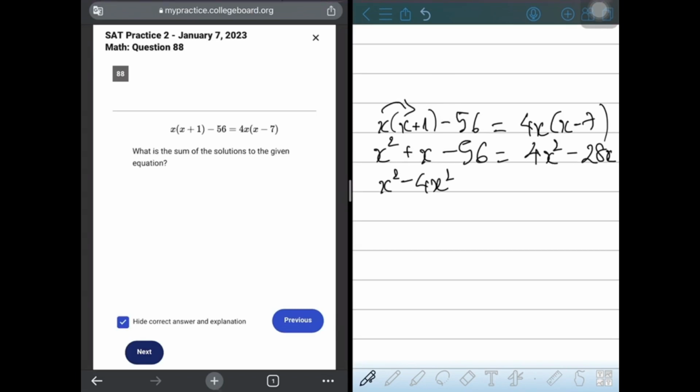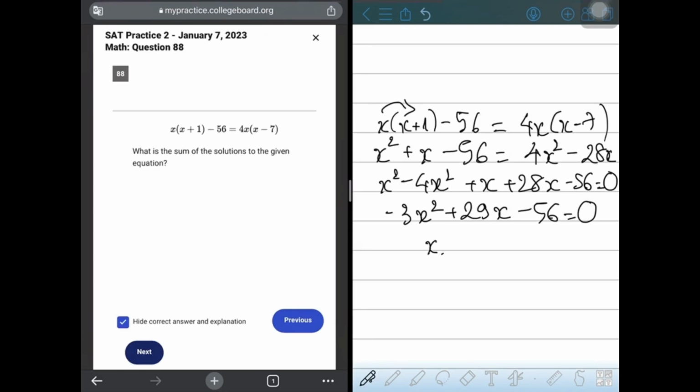Plus x. Now take out your calculator and we will calculate two solutions. One solution is 7 and the second solution is 8/3.